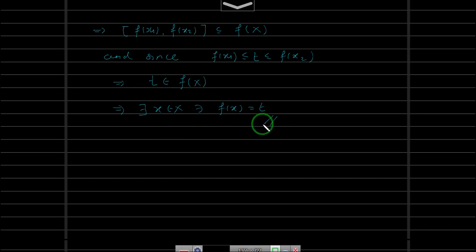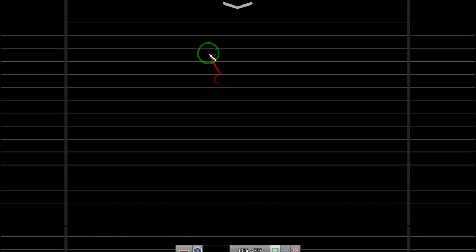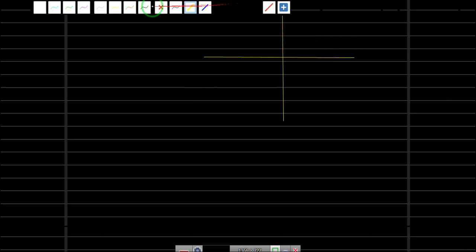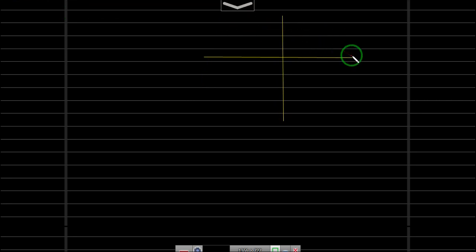Okay, another point. If you see in R, we just draw R, a straight line. Consider this R. Now this is our domain, and this is our codomain, right?